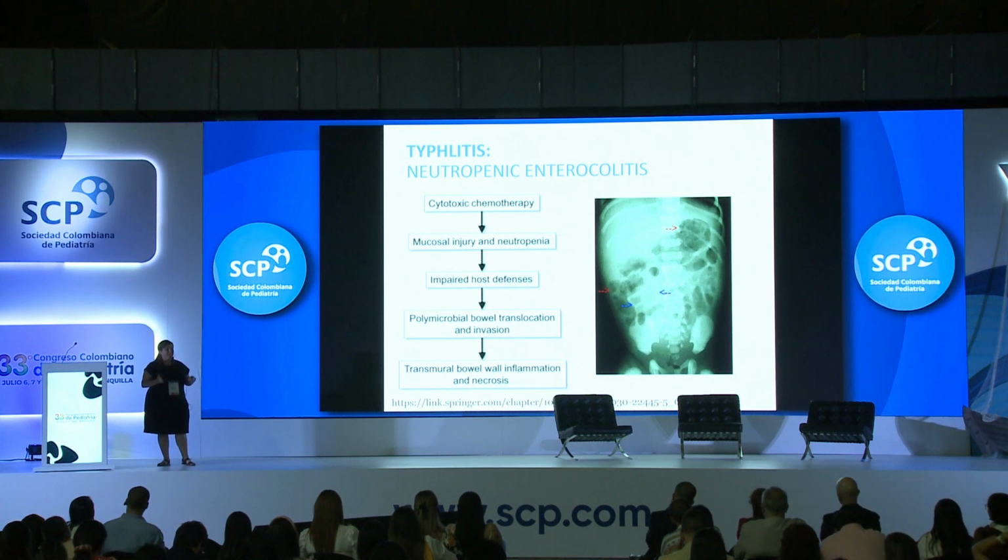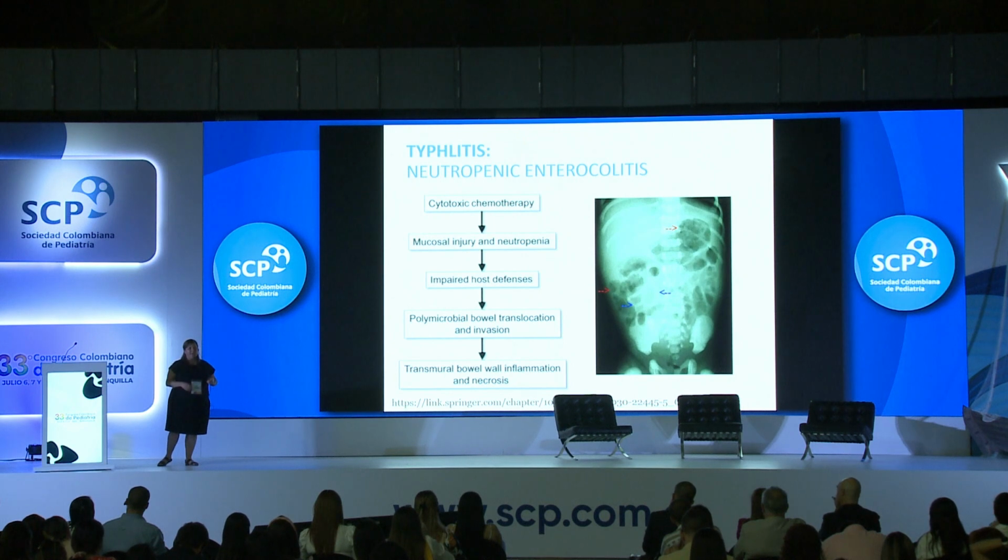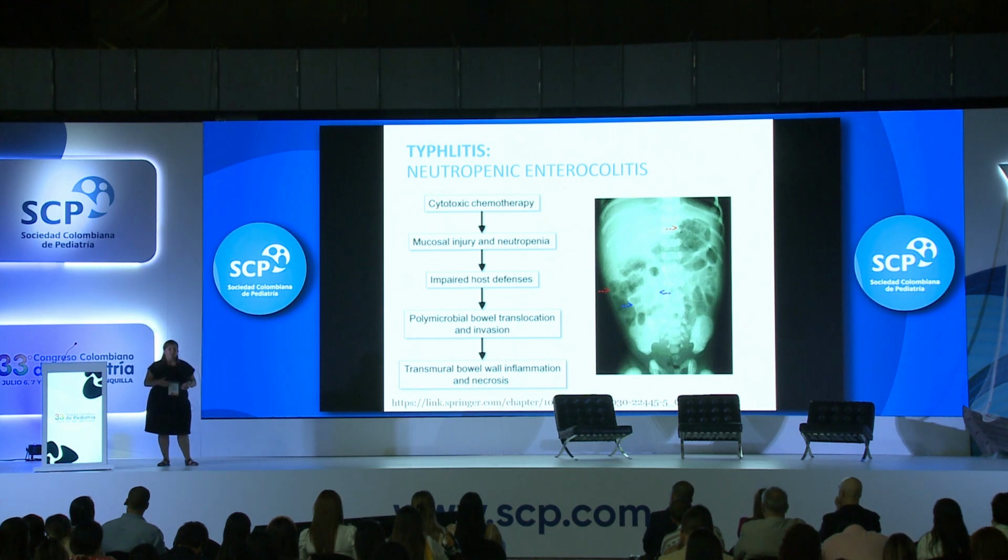And with this, you then get transmural bowel wall inflammation and necrosis. And patients can present with anything ranging from significant abdominal pain all the way to an acute abdomen. Radiographic findings can include pneumatosis or even air within the abdominal cavity, and can be quite impressive.